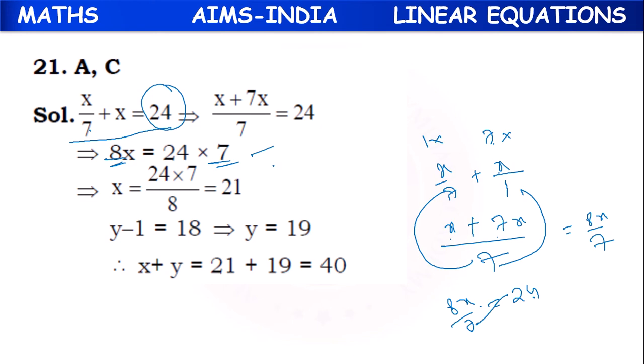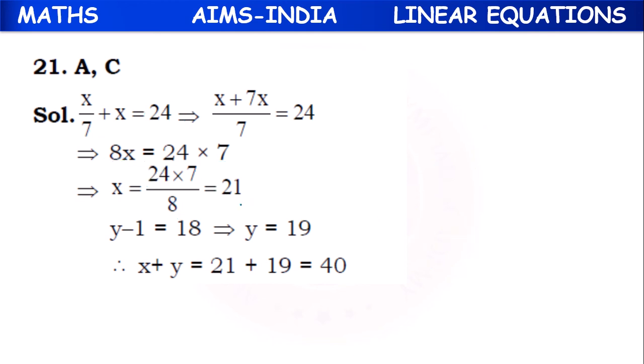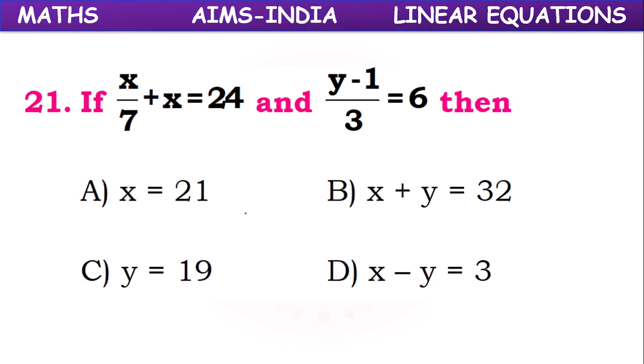8x equal to 24 into 7. Next, x equal to, this 8 will come down. 24 by 7, 24 into 7 by 8. 8 3 times 24, 3 into 7, 21. X value we have got 21. Next equation, y.